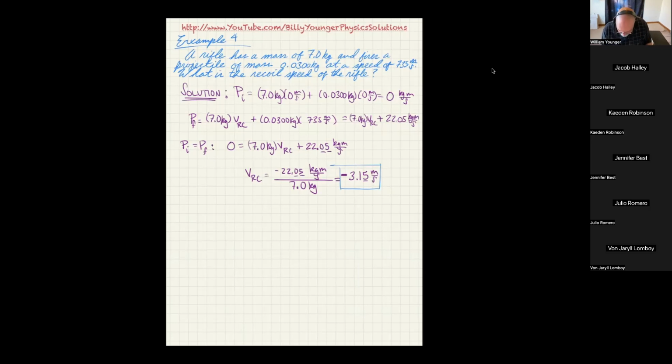That's not necessarily that small of a velocity, so that's something to keep in mind. In fact, if I took 3.2 meters per second and converted it to miles per hour, my calculator would convert that to roughly 7 miles per hour. So this is actually on the order of 7.2 miles per hour.